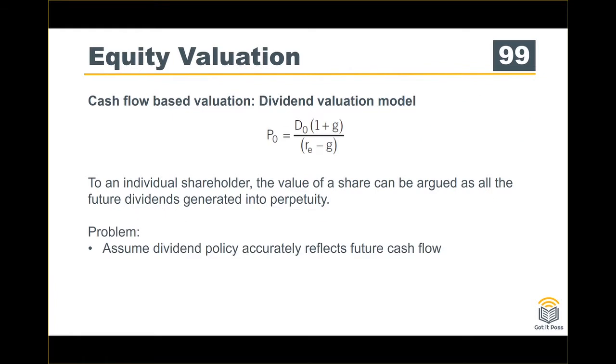And the problem is that assuming the dividend policy accurately reflects future cash flow is a problem, because you cannot assume the dividend policy will be sustained for, say, 5 years or more than 5 years. And also the growth rate and discount rate assumptions. In the dividend valuation model, it is always assumed that the cost of equity is higher than the growth rate.